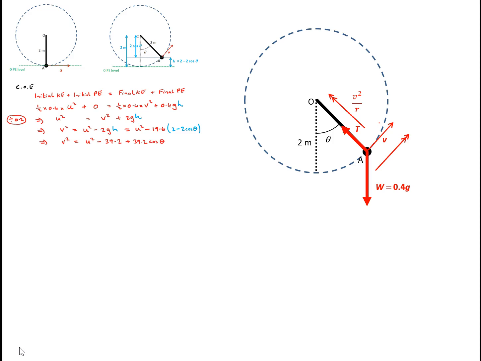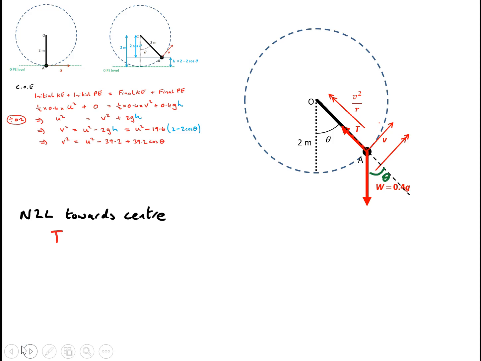So we're now going to apply Newton's second law towards the centre of the circle. So considering the resultant force towards the centre to begin with, clearly we've got T, and then we've also got to take the component of the weight towards the centre. Now we'll need to just do a little bit of trigonometry to get that.